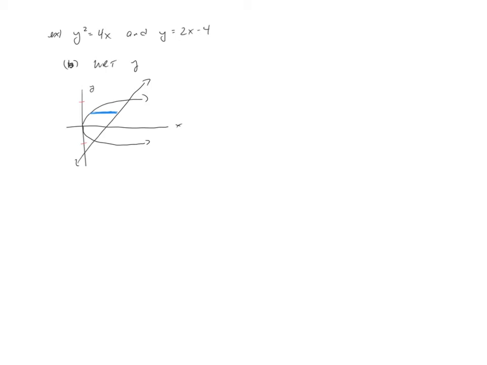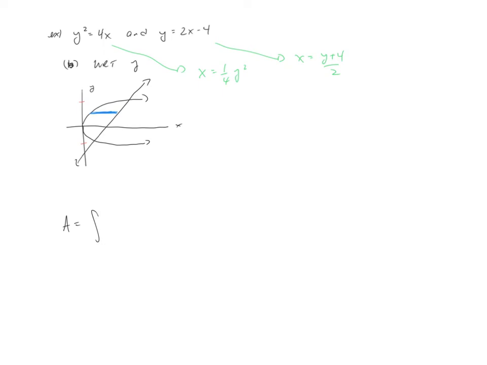So for this first one, this is going to say that x equals 1 over 4 y squared, and this one is going to say that x equals y plus 4 over 2. Okay, so if we only want y's, we have to solve those for x. So let me go ahead and get this set up, and then I'll circle back and look at our actual points of intersection. So the area would be the integral, and like I said, I'm going to come back and talk about these here in a minute.